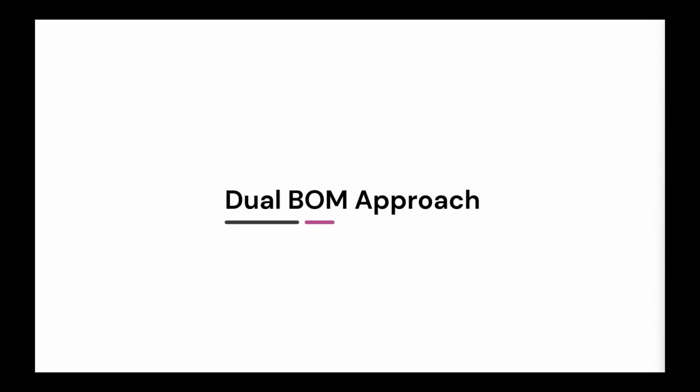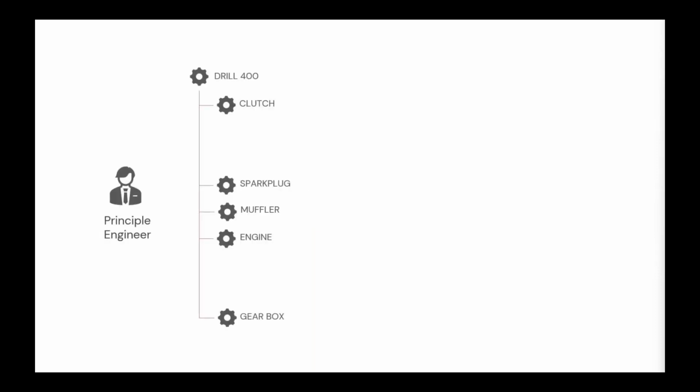So in a dual approach, the process may look something like this, where we have a principal engineer or a product owner of a product that goes in and defines the overarching structure to outline to the business how this product should look, but allow some flexibility and agility for the design engineers to fill in the gaps.